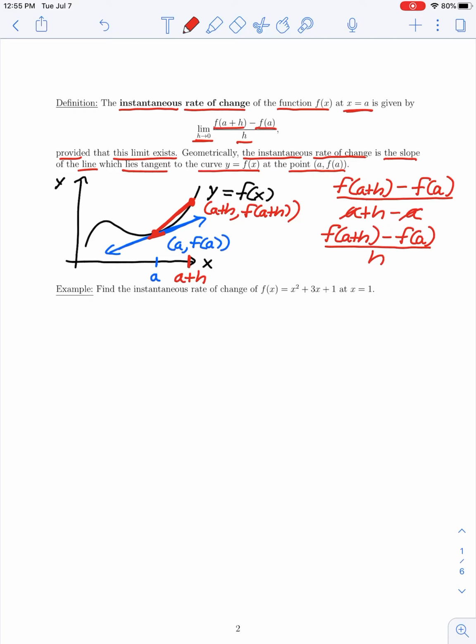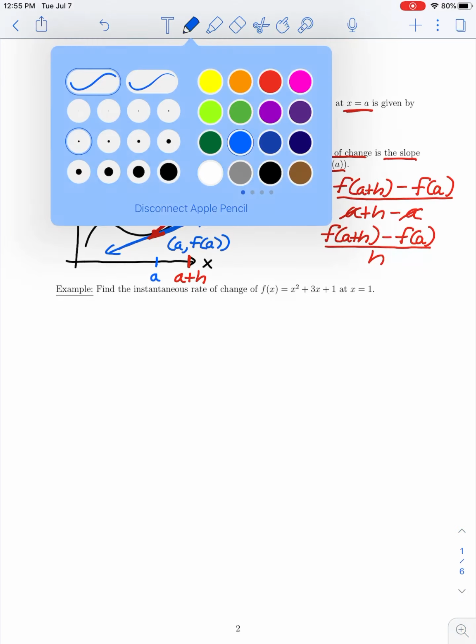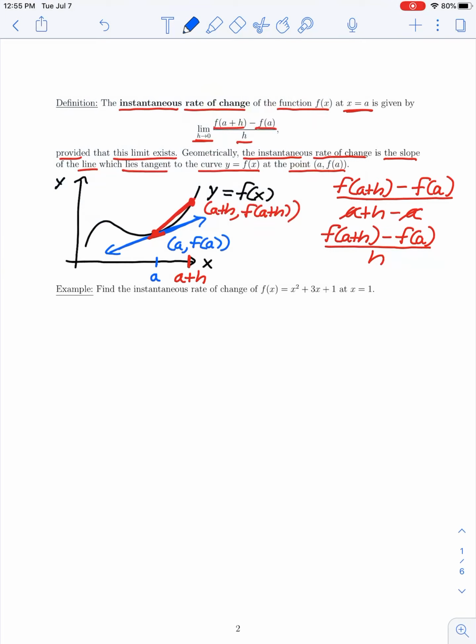Now, in the definition of our instantaneous rate of change, we're taking the limit of this slope as h approaches 0. Recall h is the distance which I've moved to the right of the value x equals a to get to a plus h.